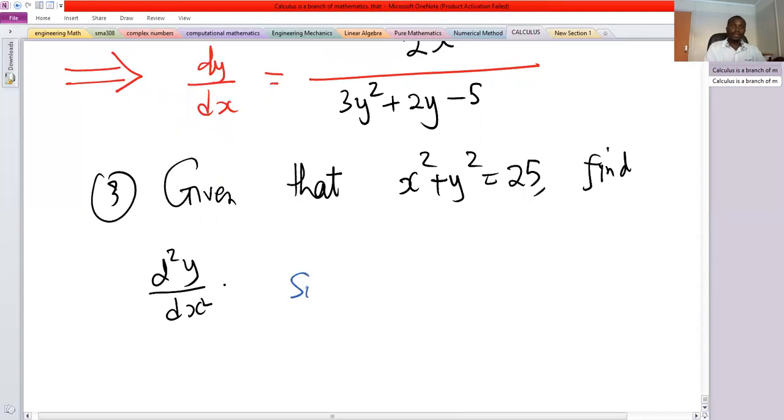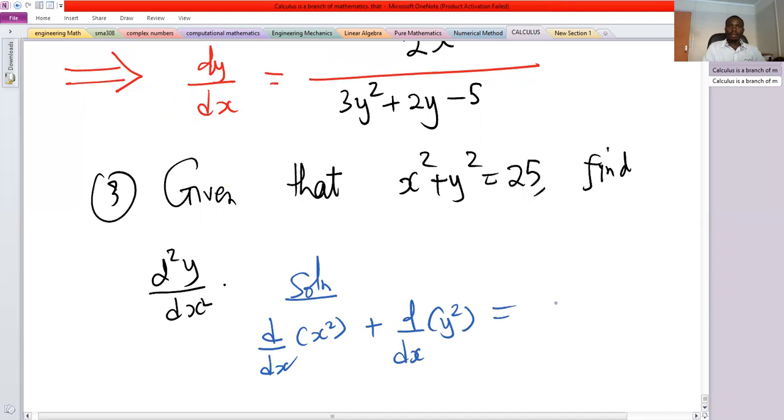So, solution, first apply d dx to x squared plus y squared equals d dx of 25.